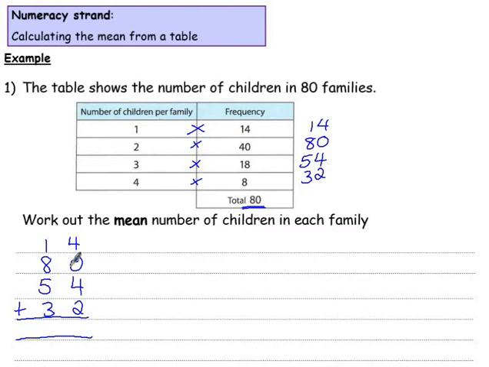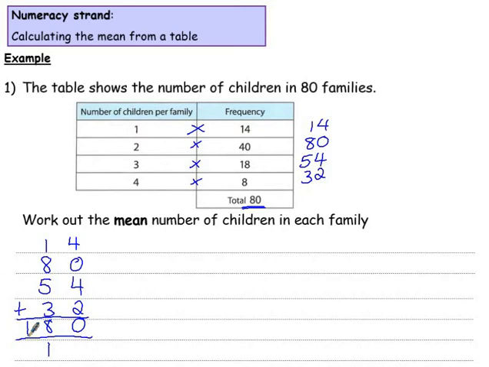So 4 add 0 is 4, add 4 is 8, add 2 is 10, so 0 carry the 1, 1 add 8 is 9, add 5 is 14, add 3 is 17, and 1 is 18. So this 180 means that in total there were 180 children.